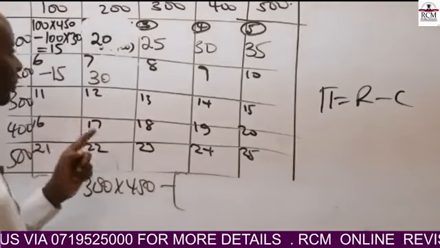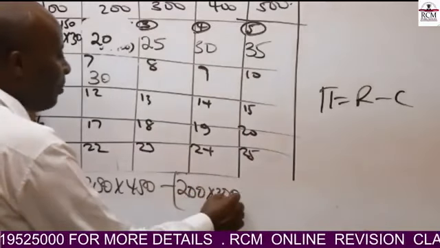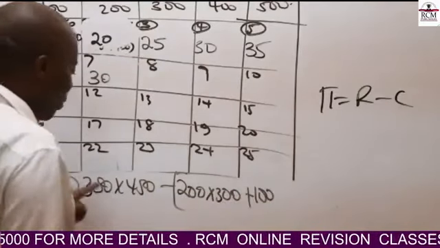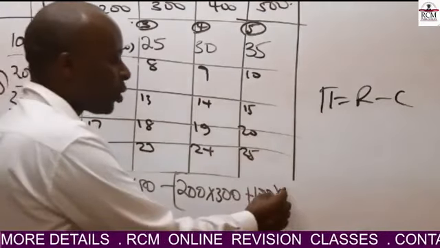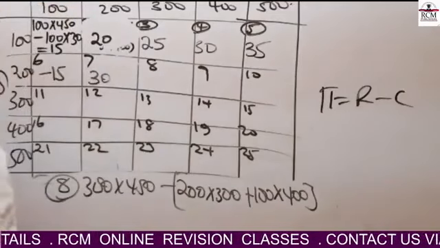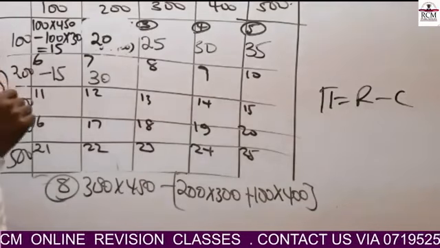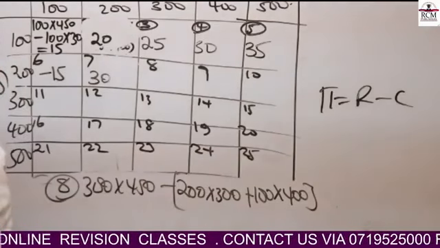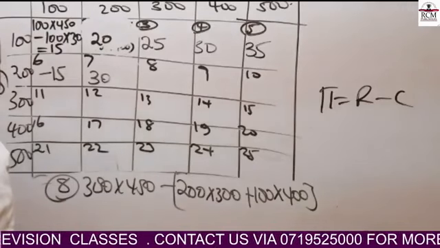There is a normal cost of producing 200 at 300, plus 100, because now we have to push up 100 times the cost of producing more, which is 400. Let's see whether it will come to 0, Jerry, or 25. Can somebody confirm?